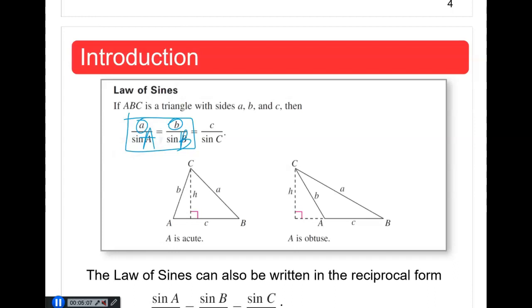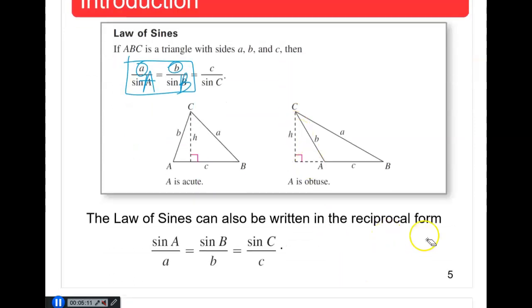So what I'm going to do now is show you how this formula was derived. You can see here we have an acute triangle. Both of these triangles, acute and obtuse, are considered oblique because they're not right triangles.